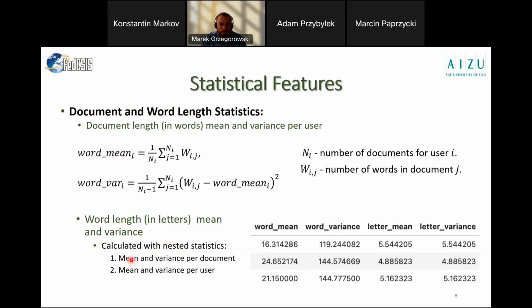First we find the mean and variance per document or per post, and then we take the mean and variance of this mean and variance. And here is an example of a feature vector for different persons, with word mean, word variance, letter mean, and letter variance.